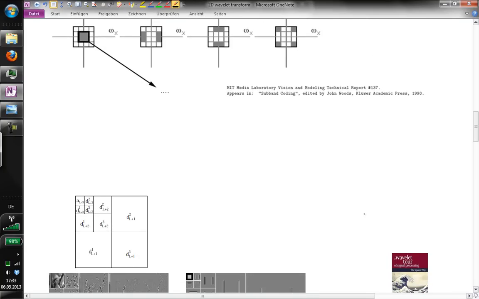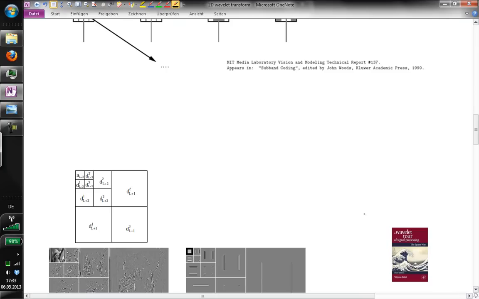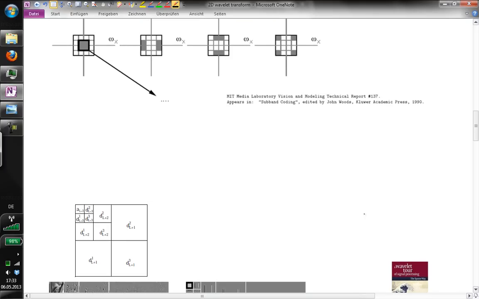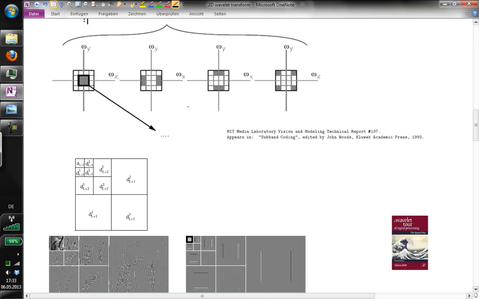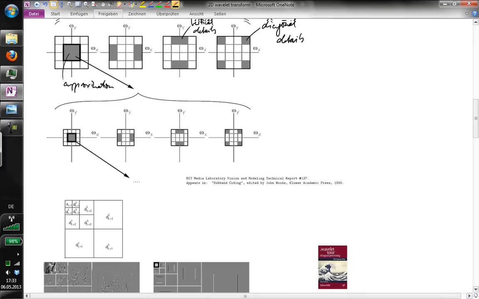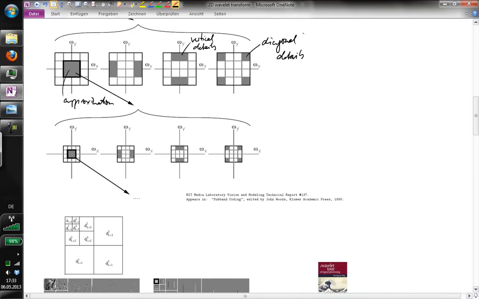Let's look at this in practice. What you see here, again, a picture from the Matlab book, is a way of rearranging these things in the spatial domain into images that a human can look at. So these diagonal details here taken together encode an image. And the image encoded by these diagonal details can be shown here.